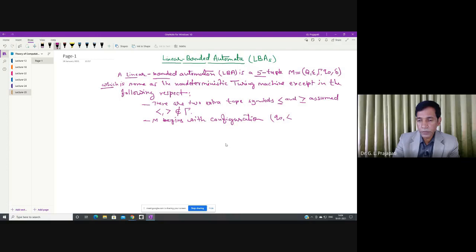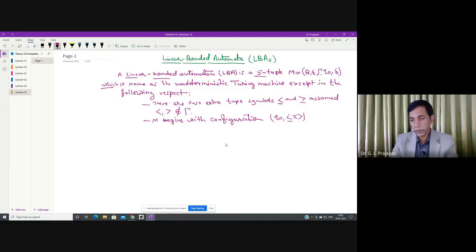At square 0 we have the left angular bracket, and your tape head is scanning that symbol. Immediately after this, from square 1, you have the input x, and immediately after the input you have the right angular bracket. So this is the initial configuration.